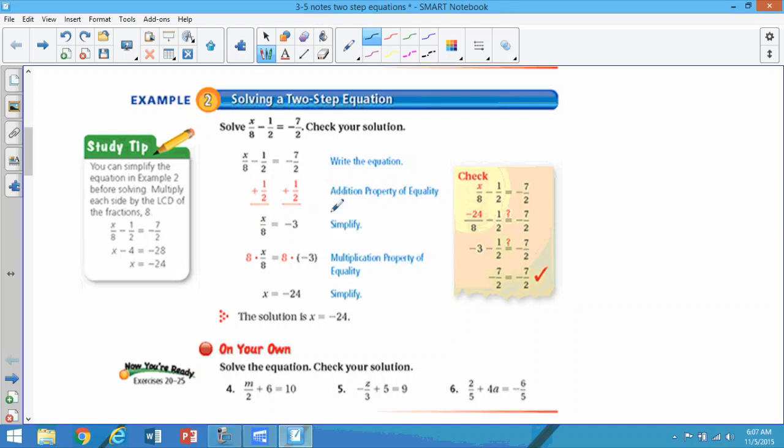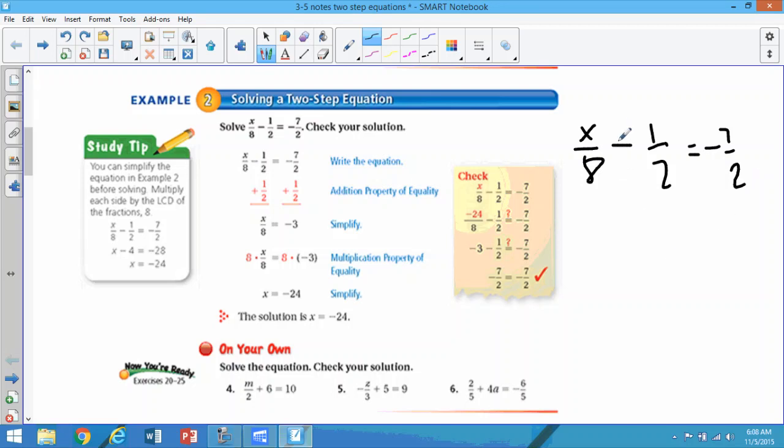In this example, you have fractions. Well, it looks like fractions. It is fractions, but there's also division involved there. So you have x over 8 minus 1/2 equals a negative 7/2.